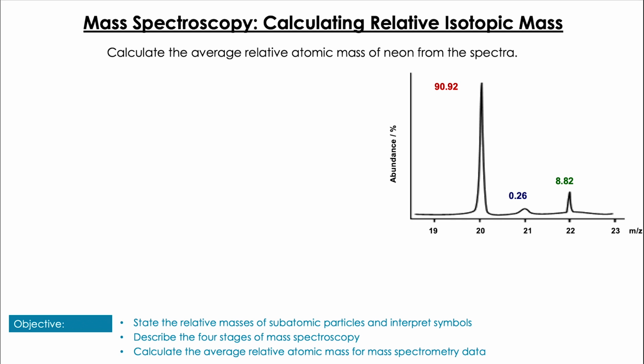So we can use this to calculate the relative isotopic mass, if we are given the spectra. We might not always be given the spectra, but if we are, we can use it.